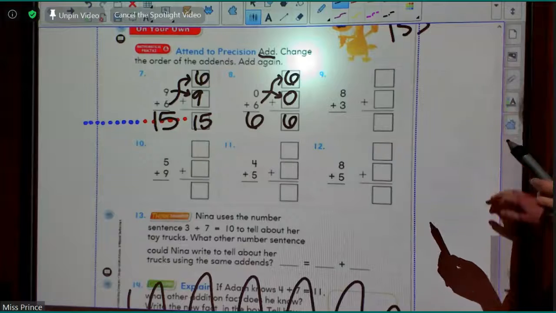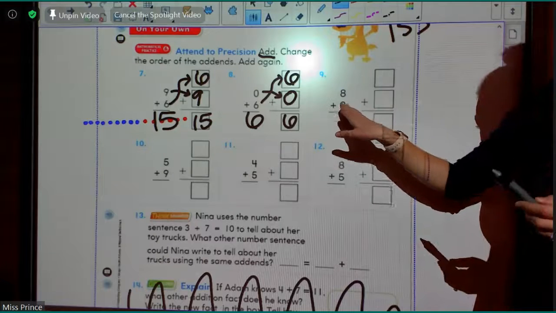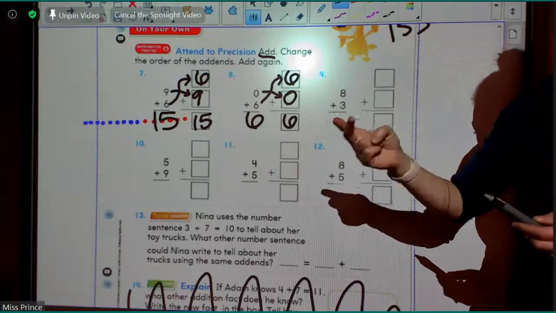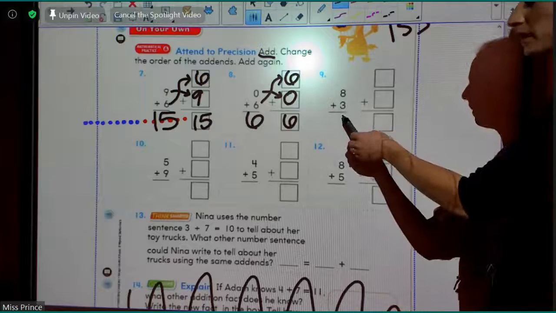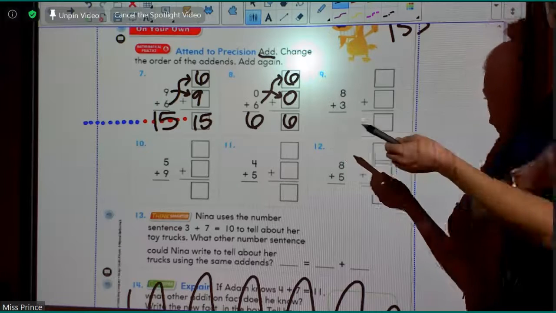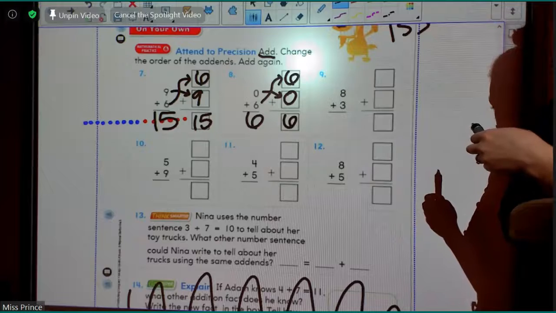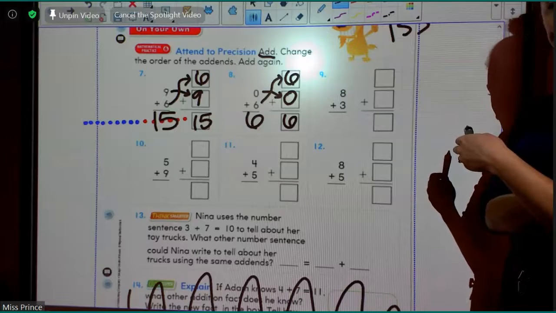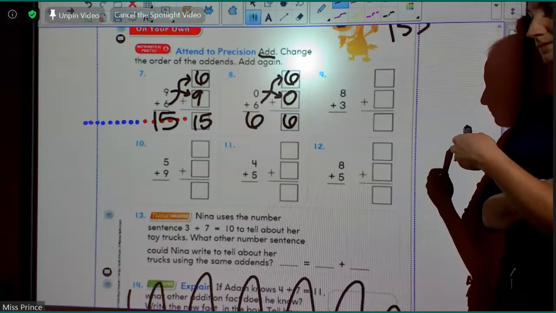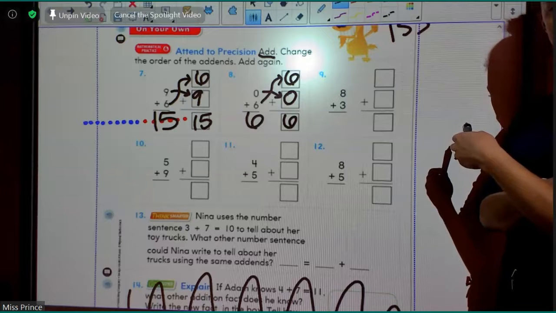All right. This next one is also pretty easy. We have 8, and all we're doing is adding 3 more. So, Kieran, will you tell me how many we'll have all together? 3.